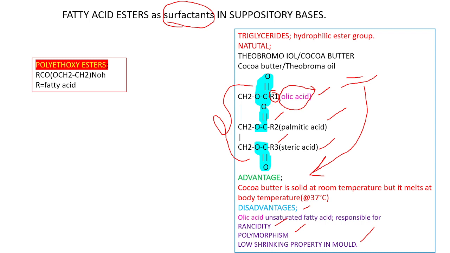See, like that, this triglyceride is also a kind of surfactant. How it is means, all these groups are hydrophilic groups. Okay, this is a lipophilic group. All the fatty acids are lipophilic in nature. Like that, it contains both lipophilic and hydrophilic moieties, hence it acts as a surfactant.